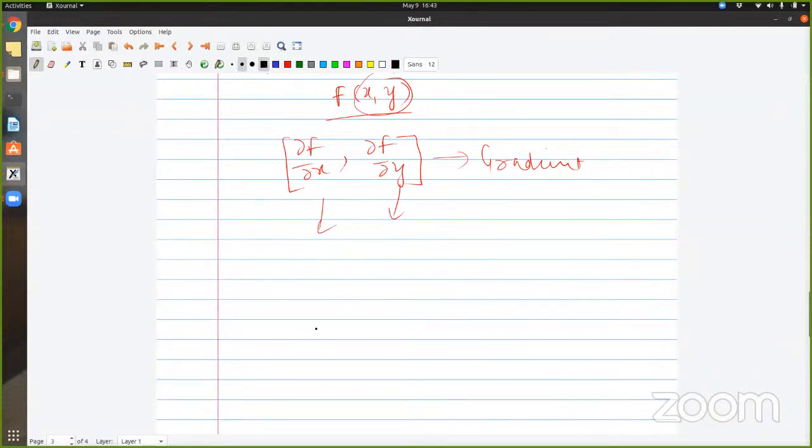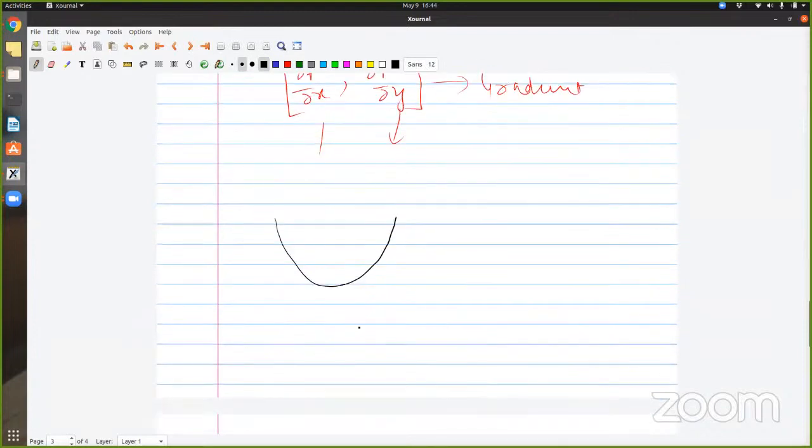Let's visualize some general function. Let's say this is a 3D plot, like a glass or a bowl. We want to show how it looks. Of course you can go for a 3D plot, but there is another option to represent the behavior of a 3D plot: the contour plot.